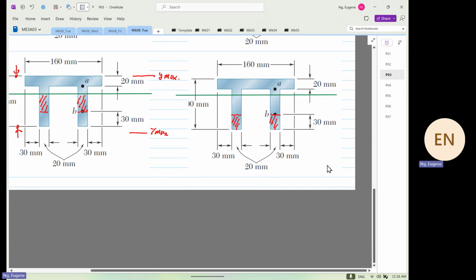Did we break any of the rules? Rule number one, B and I are what? Constant. Rule number two, the datum is at the what? Centroid. Rule number three, the analysis starts from Y max. Rule number four, the first moment of area cannot cross the center.